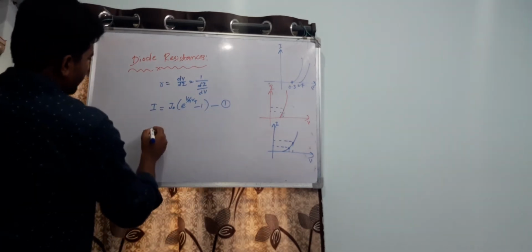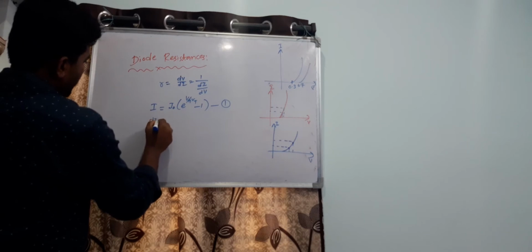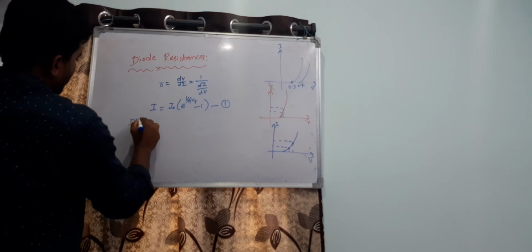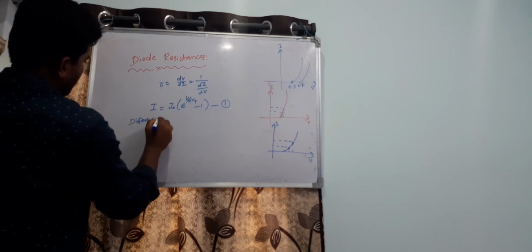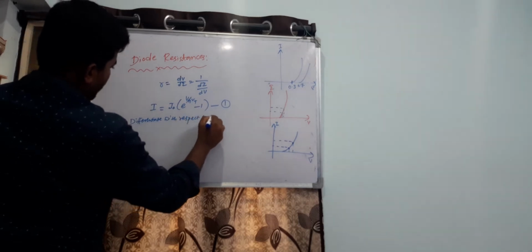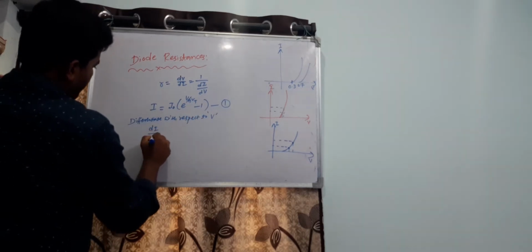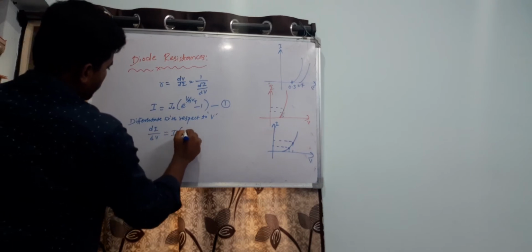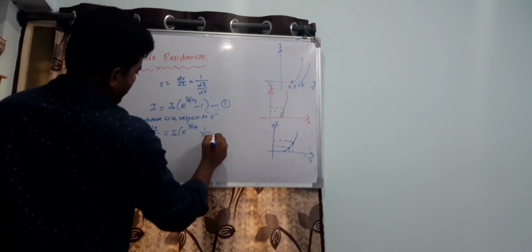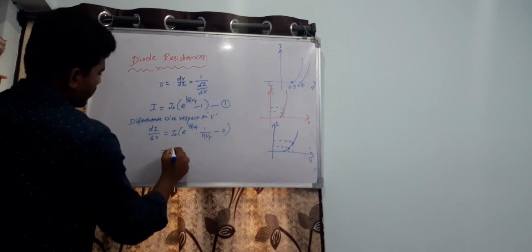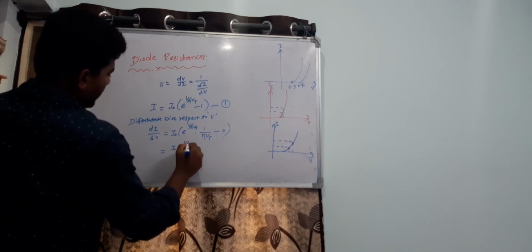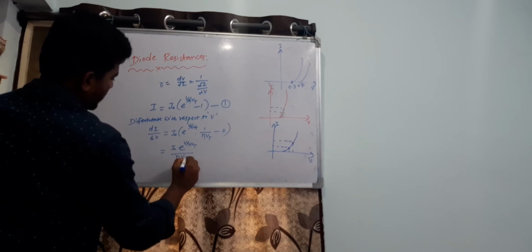If you differentiate this with respect to V, dI by dV is equal to I naught into e power V by eta Vt into 1 by eta Vt minus 0, which is equal to I naught into e power V by eta Vt divided by eta Vt.